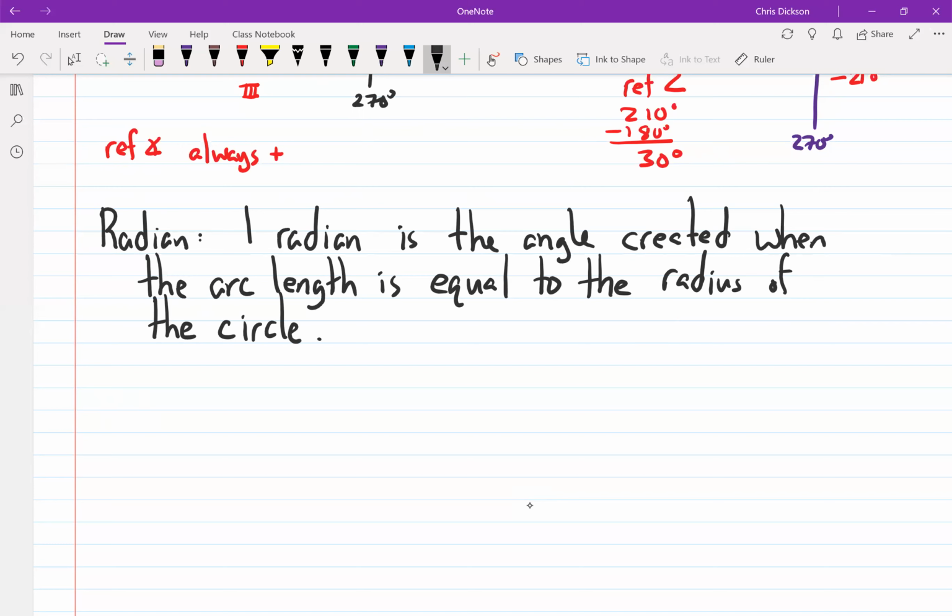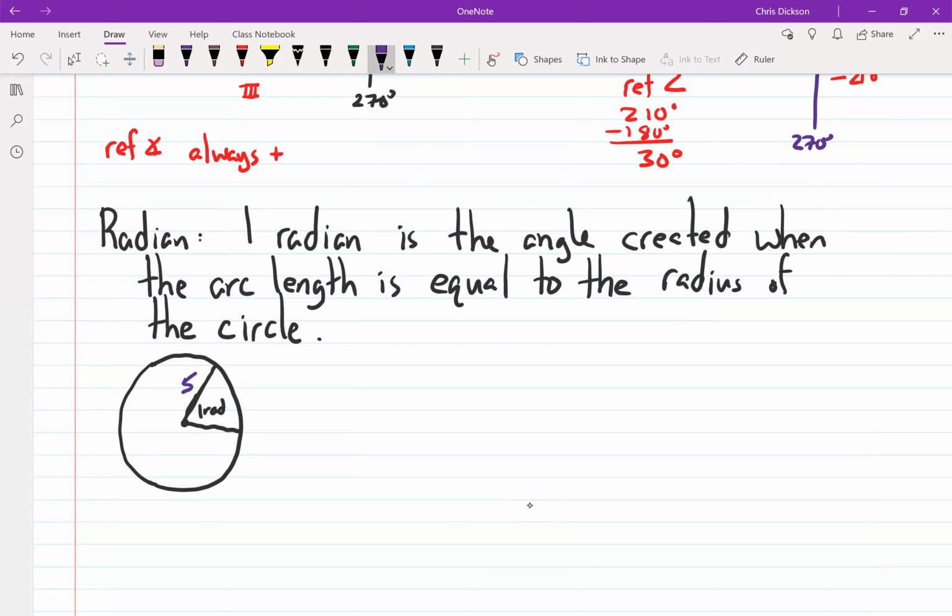And it's quite a strange definition, maybe. Why would we care about that? So if this was 1 radian, let's use 1 rad right now, and let's say the radius in this picture was 5.